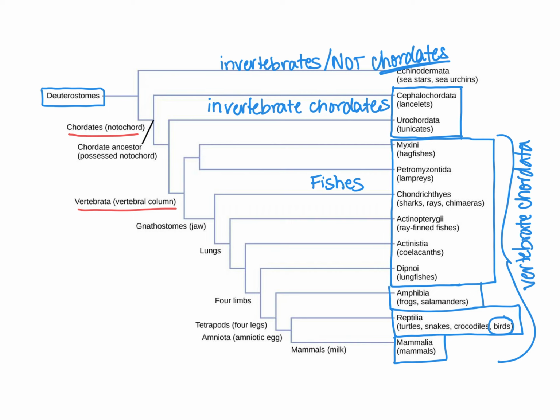And then gnathostomes, which just includes organisms that have a true jaw. The evolution of lungs, forelimbs or being tetrapods, having an amniotic egg, and producing milk. So we're going to talk about some of these adaptations as we go through our lesson.